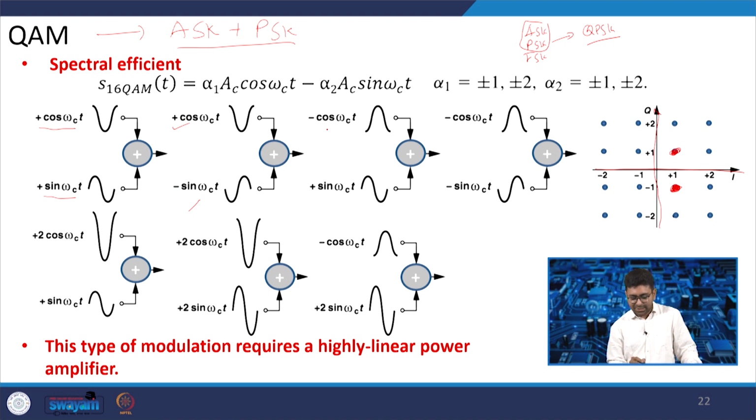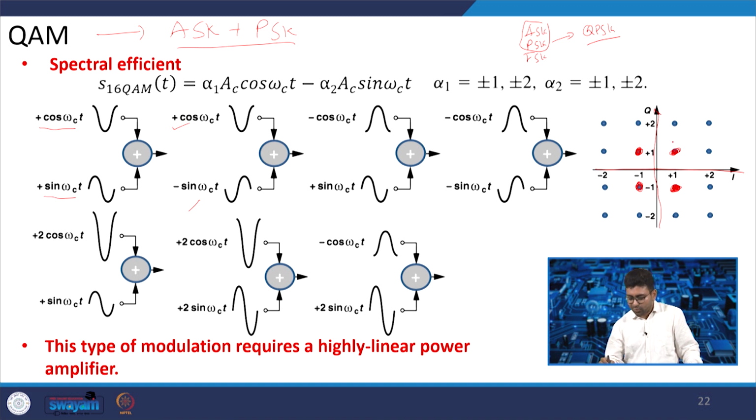Then minus cos omega ct and plus sin omega ct. So, there is a minus cos omega ct at this point. Again, this 4 point we try to send, and then this 4 point.